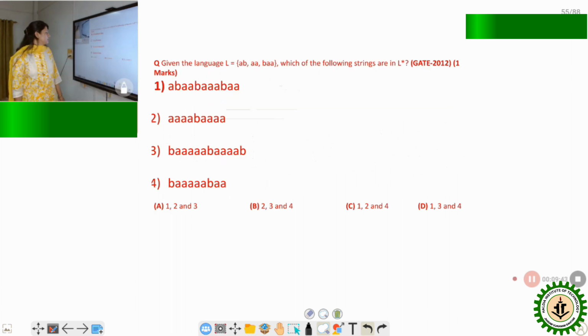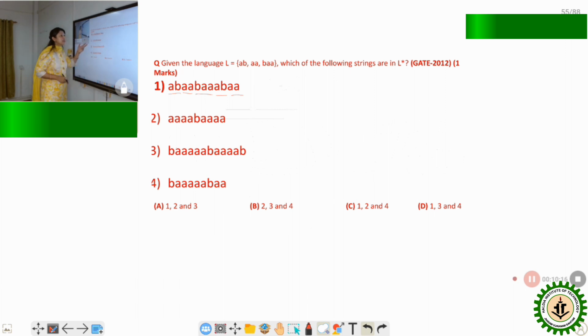So, given the language L equal to {AB, AA, BAAA}, which of the following strings are in L star? That means L star is all possible combinations from this language. Now we can see here AB is present, AA is present, BAAA is present, and AB is present.